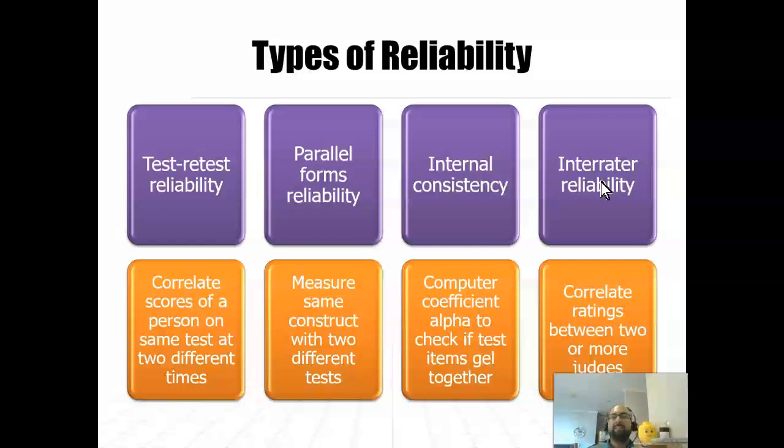And lastly, interrater reliability is if you have two or more judges, they should agree on the quality of an answer during an interview, or the quality of a person's work if they're submitting a photography portfolio. So this tends to be relevant for things like interviews, simulations, resumes, and references, where you have to look at the resume and make a judgment call.